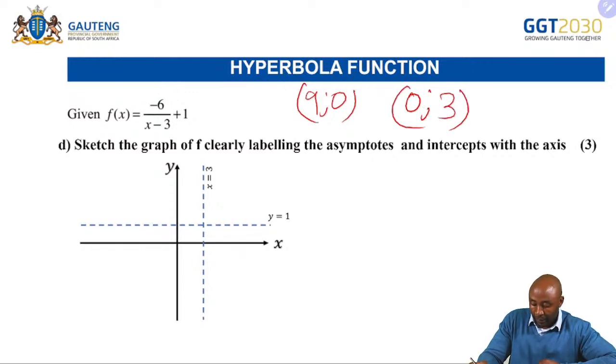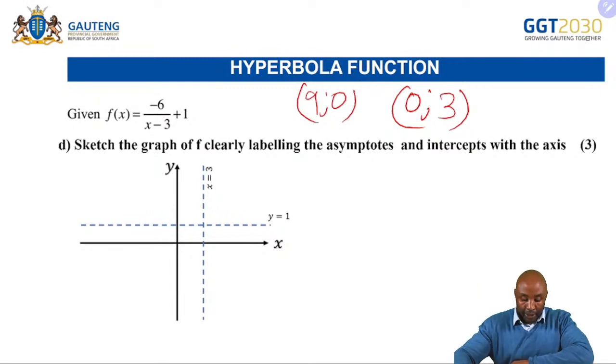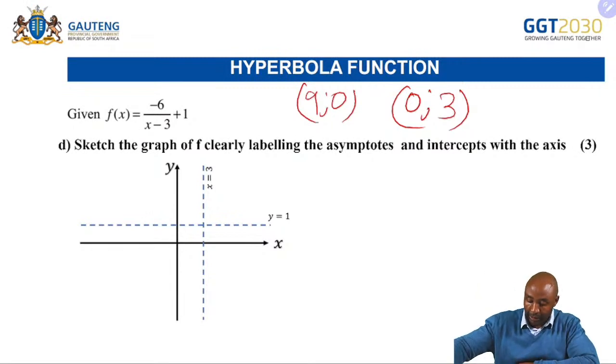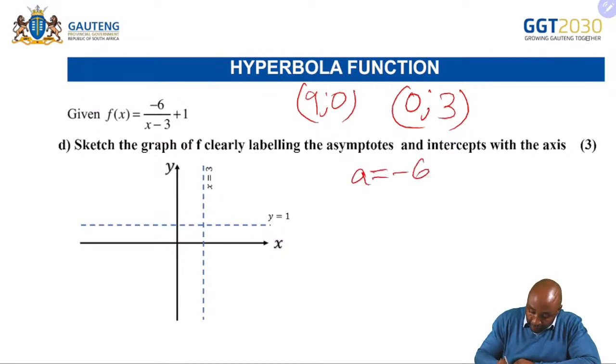So we are able to put those points on the Cartesian plane, but we need the shape to help us get the correct graph. So what we need to do, you realize that your a is equal to negative 6 and negative 6 is less than 0. So our a is less than 0.